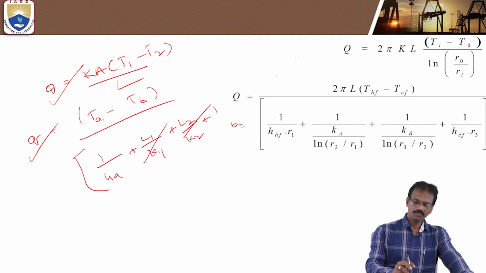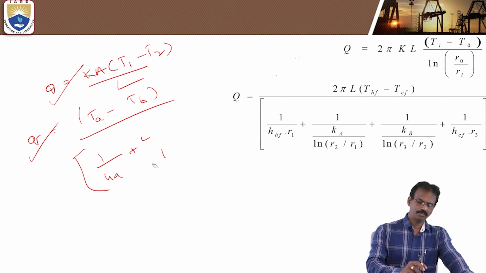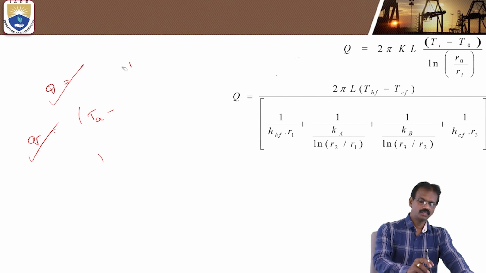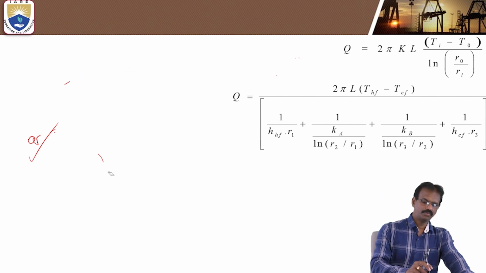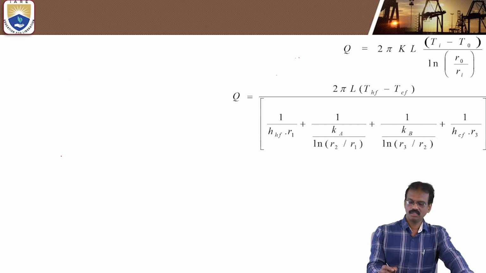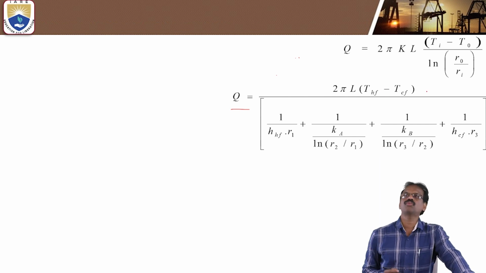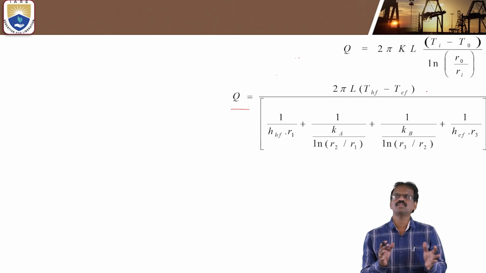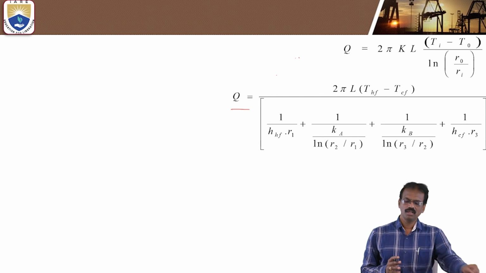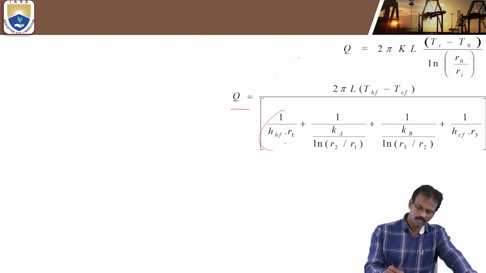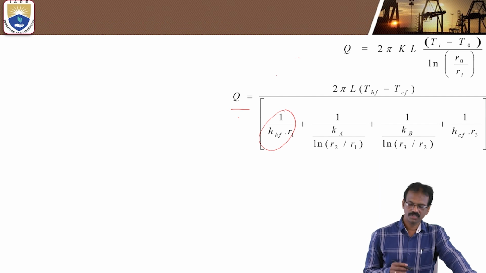If there are composite layers, many different layers, then you can take this formula for the rate of heat transfer, or the one-dimensional heat conduction equation, in different layers. So Q is equal to 2 pi L into (hot fluid temperature minus cold fluid temperature), initial temperature minus final temperature, by all the thermal resistances. This is the thermal resistance based upon the convection process.